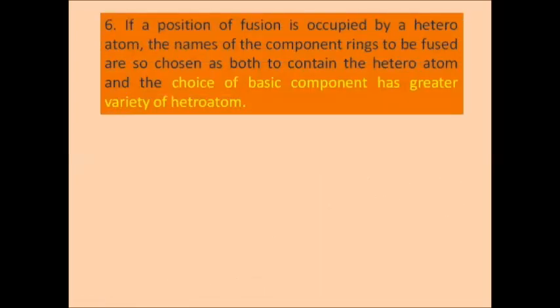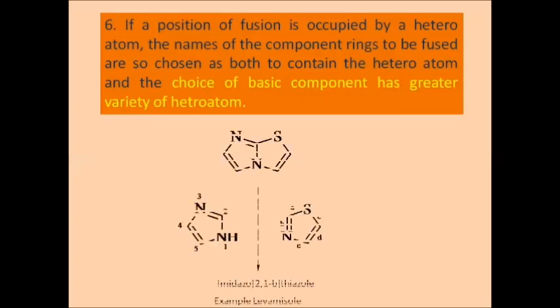Another rule is, if a position of fusion is occupied by a heteroatom. We can understand by using this example. In this example, this nitrogen is occupied by this ring also and by this ring also. So the choice of the basic component is the one with the greater variety of heteroatoms.